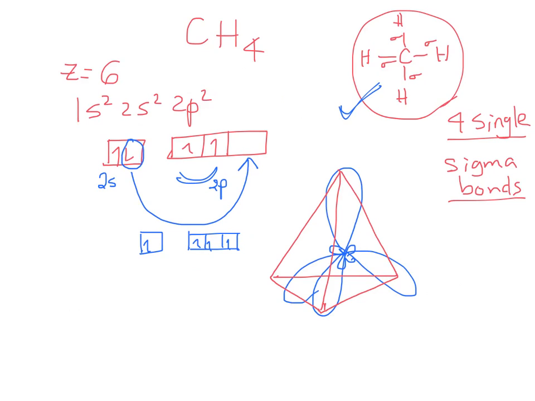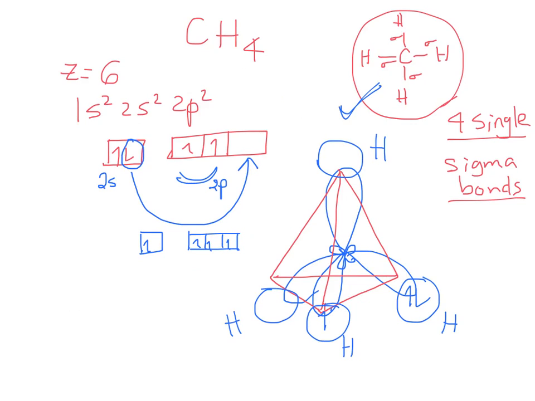And the corners of those will be taken up by hydrogen. 1 electron is coming from each of the 2 atoms, carbon and hydrogen, and that's how you get the single bond.